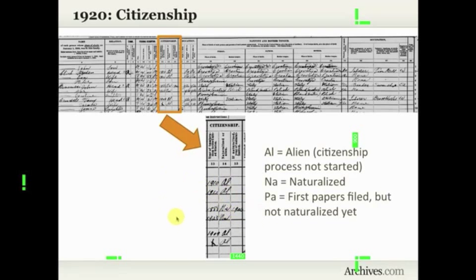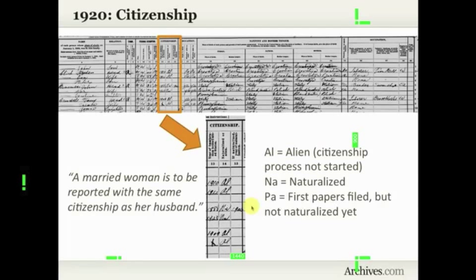And A, that we see down here, means that they are naturalized, and they're supposed to give the year that they became a naturalized citizen. Sometimes you will see the abbreviation PA, meaning that they had filed their first papers. They had filed what's called the Declaration of Intent, but they were not yet naturalized.